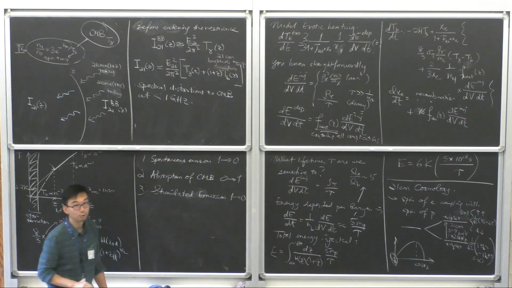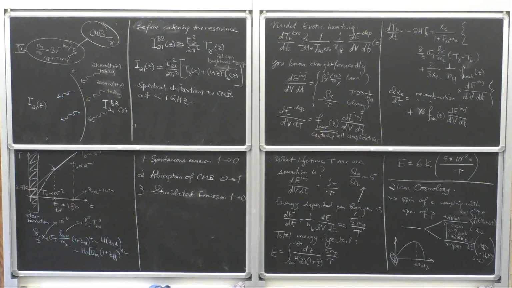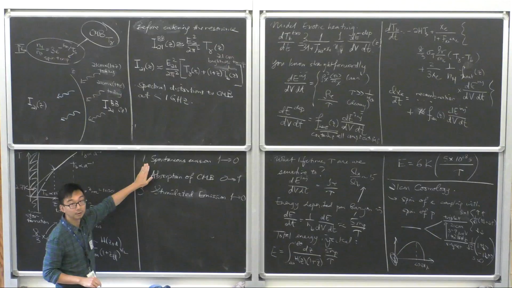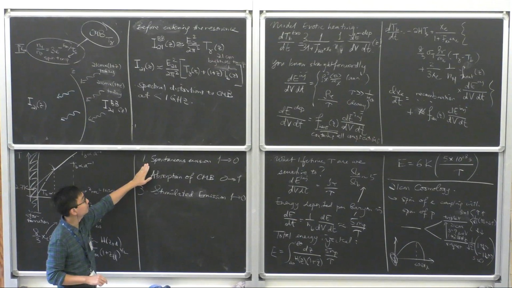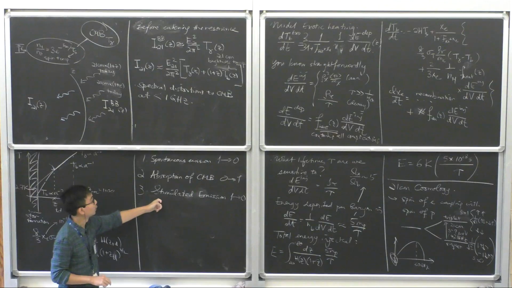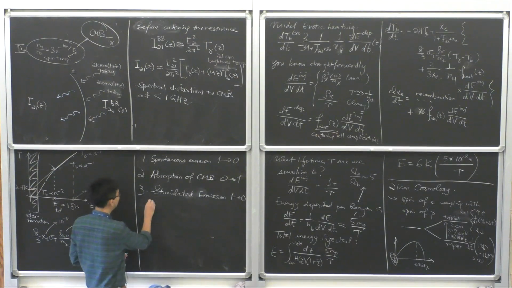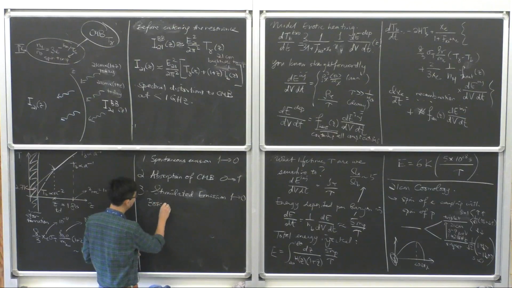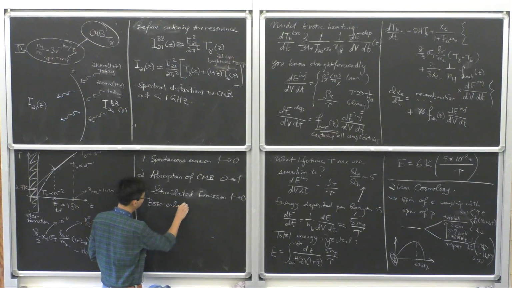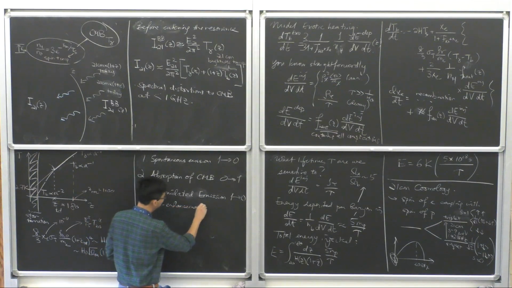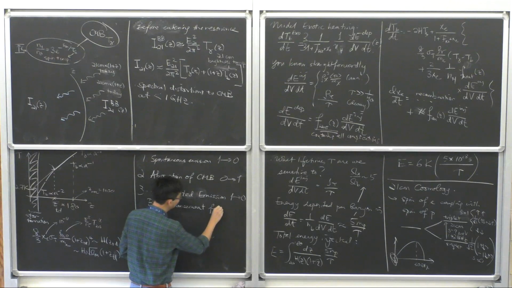But this is really just the fact that the emission rate isn't just dependent on the number density of particles in the excited state, but also you can actually enhance the emission rate due to a Bose enhancement from photons.